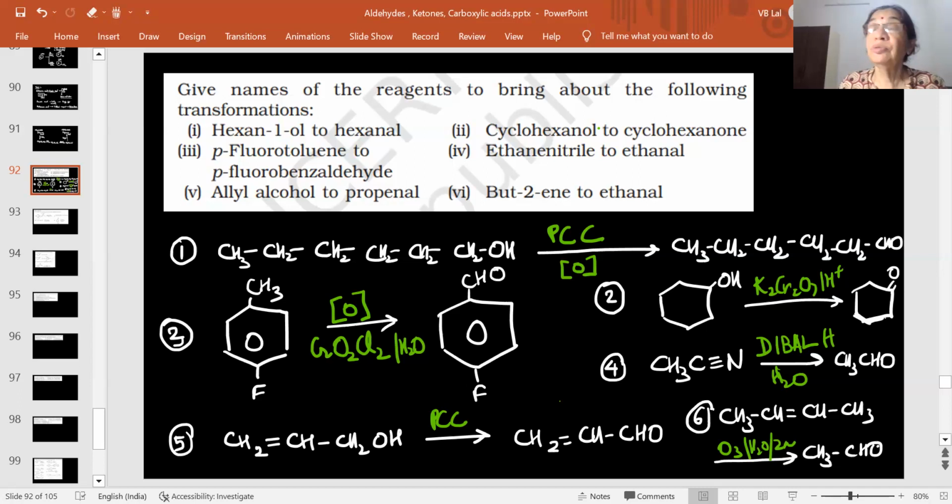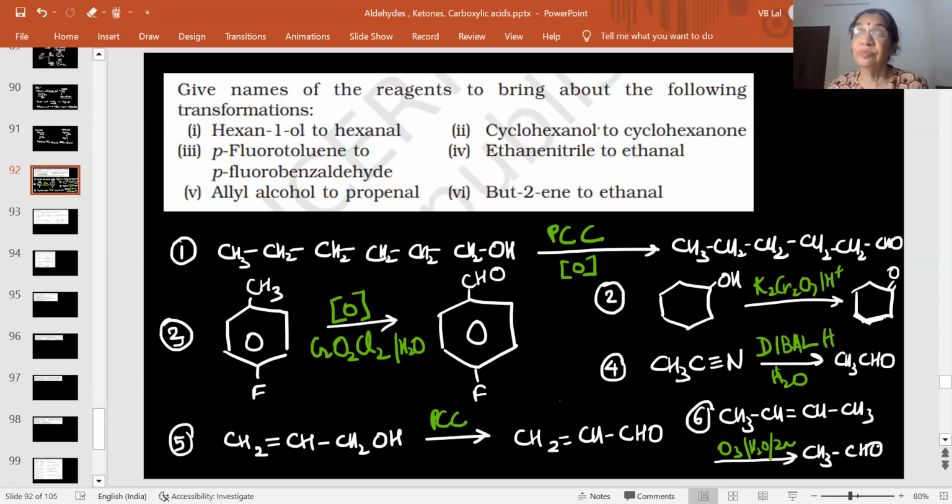Okay, so you have to remember the reagents, all the reagents, what is the speciality of each reagent and what it does. You have to remember all the reagents which oxidize under different conditions.